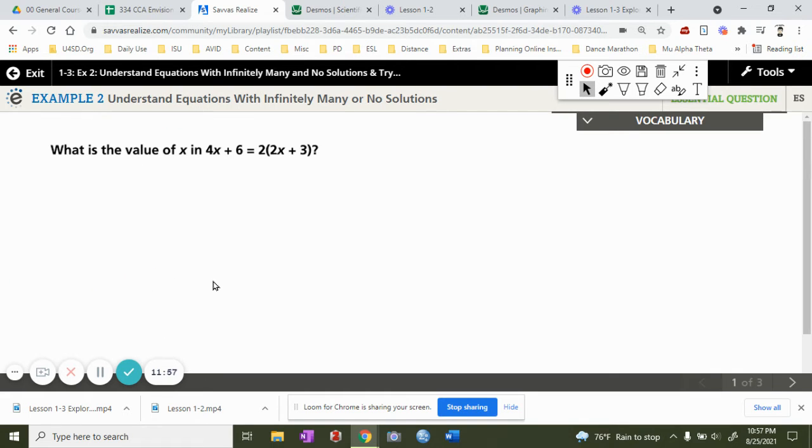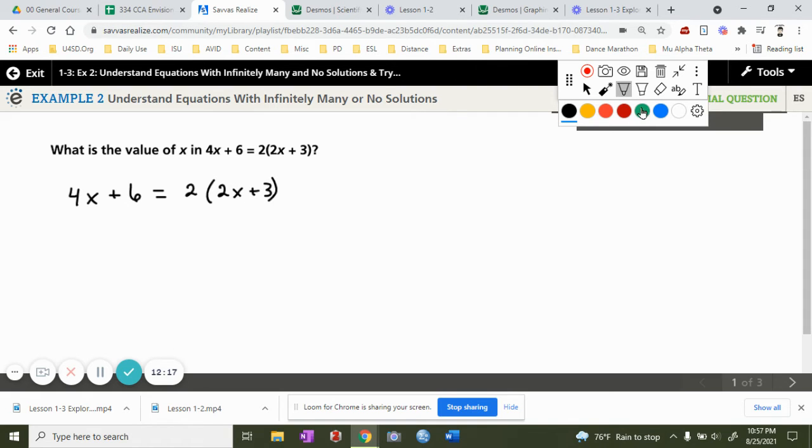Here's another example, and there's something unique that happens and some vocabulary we are going to develop from this. So I'm going to rewrite my equation. 4x plus 6 equals 2 times the quantity 2x plus 3.